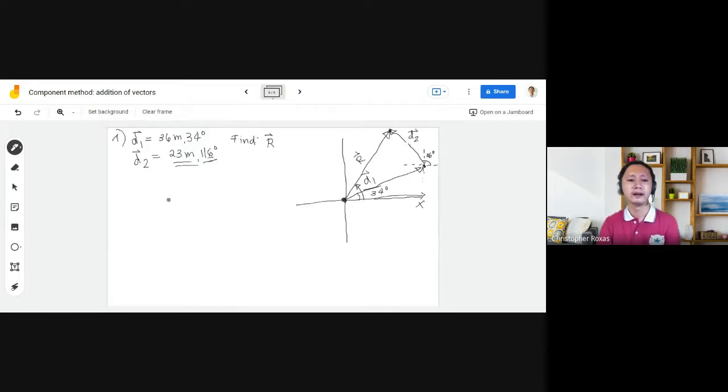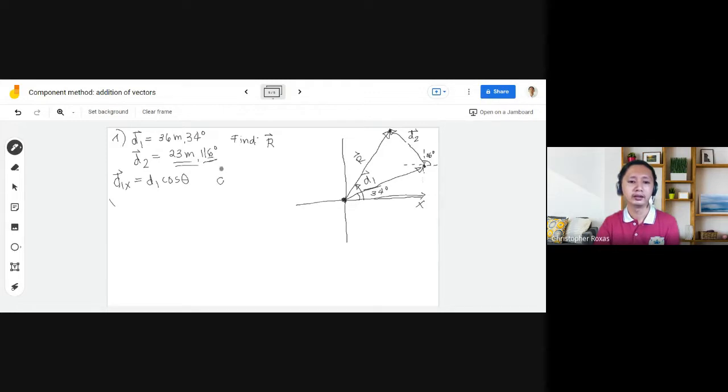Now, let's apply the component method. So, the first step is we will get the x and y component of D1 and D2. So, let's solve for D1 first. So, the x component of D1, let's symbolize it as D1x, is equal to D1 cosine theta. Right? From our formula.